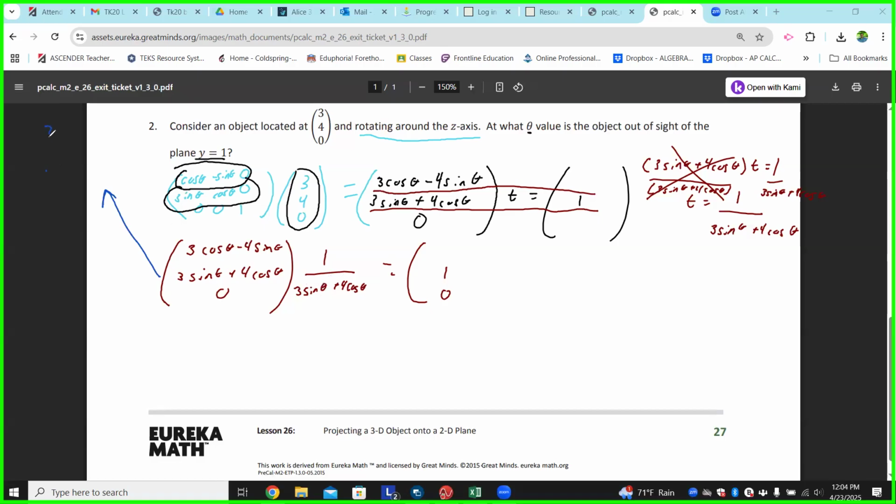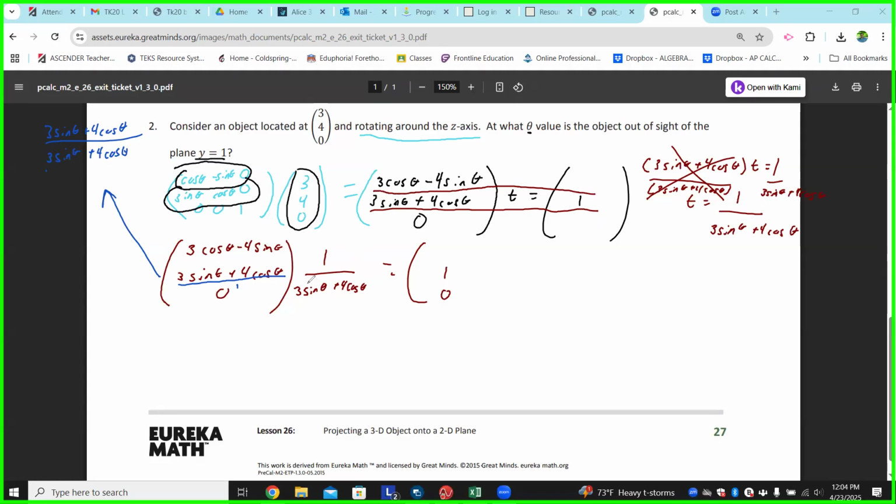So I would get 3 sine theta plus 4 cosine theta, and technically this would be a number, so I would put it over 1. And then I would do 1 times 3 sine theta plus 4 cosine theta, and then I would get this, which I can see is the exact same thing over the exact same thing. So that would just become 1. We all good still? Next part's not as easy.